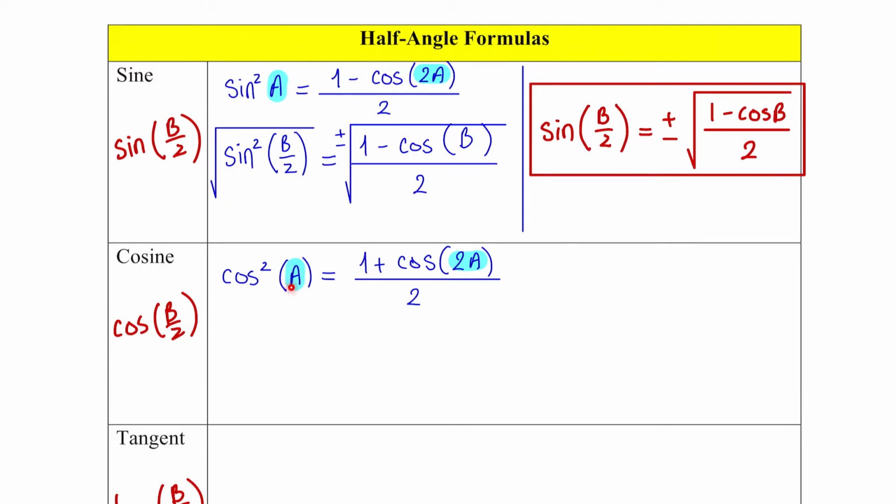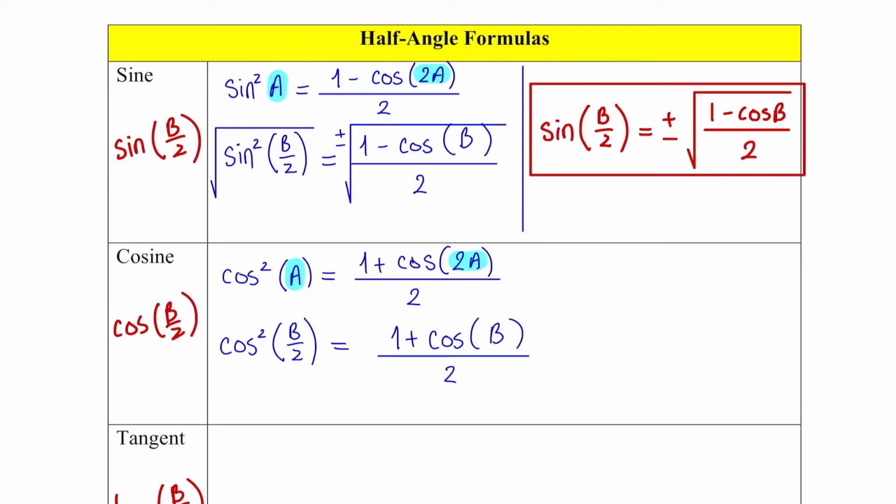This angle is double this angle. So whatever I put in here, this will be double that. So if I replace this with b over 2, this angle right here will double this. So double of b over 2 is b.